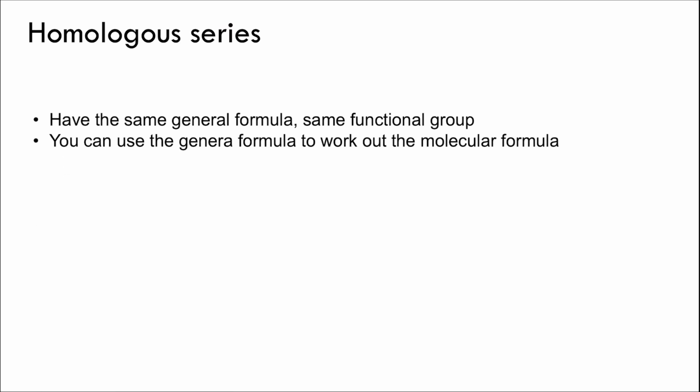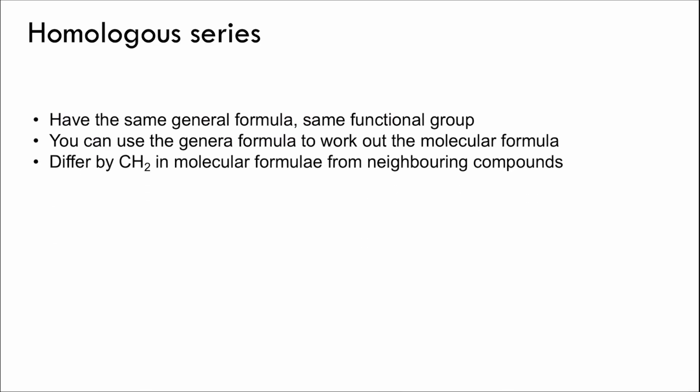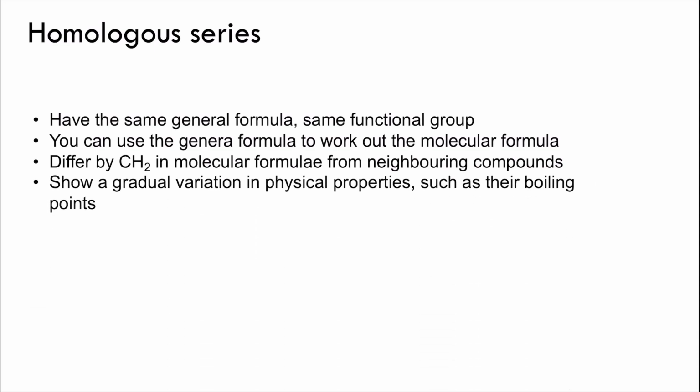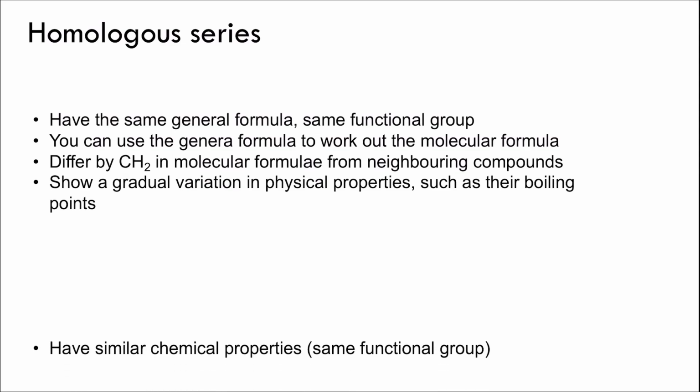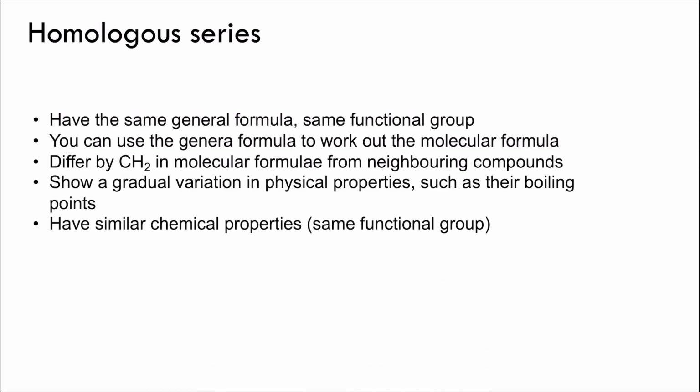So you can use the general formula to work out the molecular formula of your molecule by knowing how many carbons there are in the molecule, and they differ by CH2 in the molecular formula from their neighboring compounds, and they show a gradual variation in their physical properties, such as the boiling points, but because they have the same functional group, they have similar chemical properties.